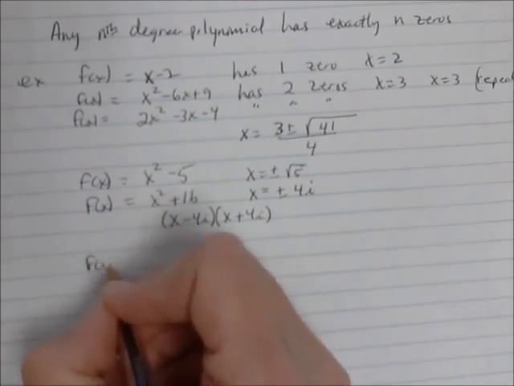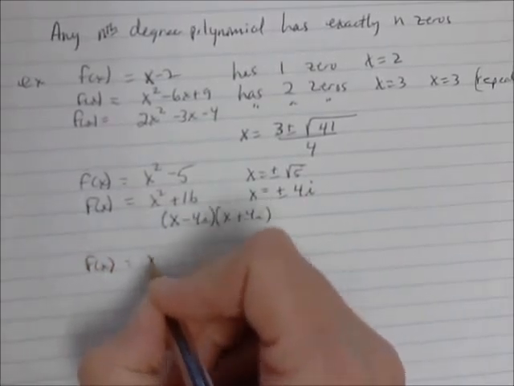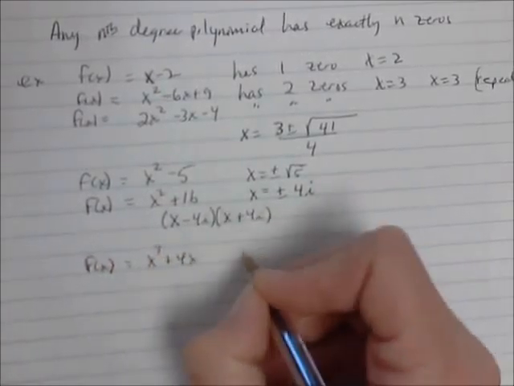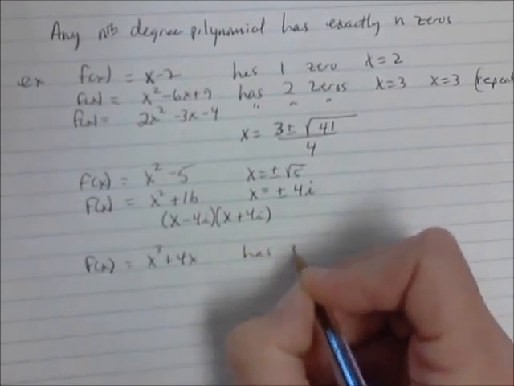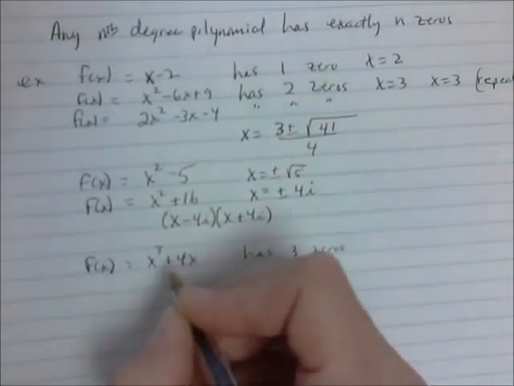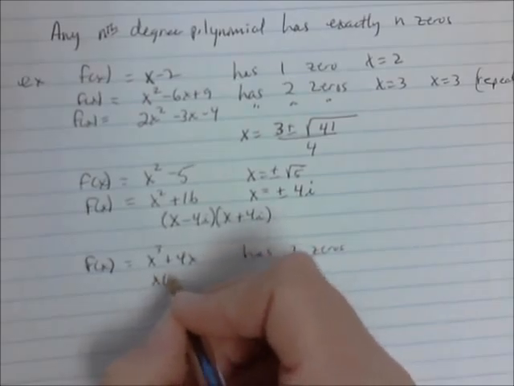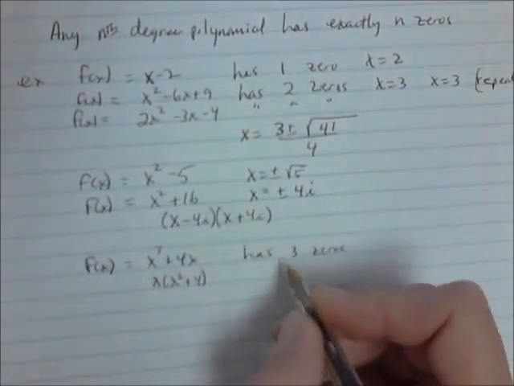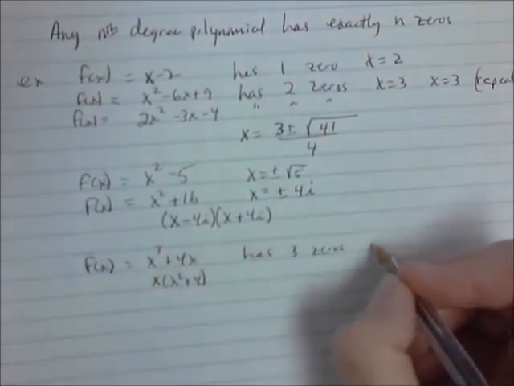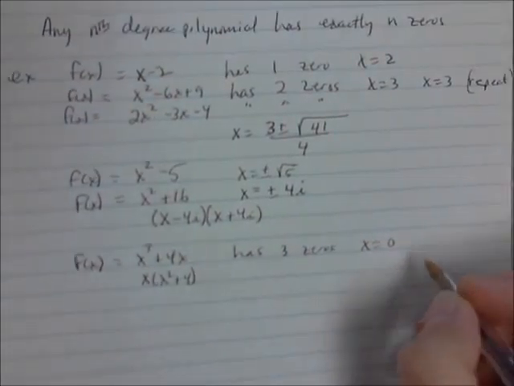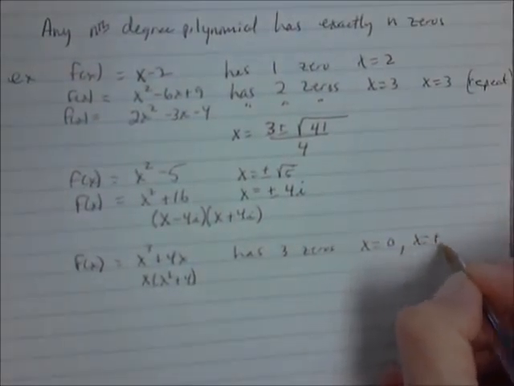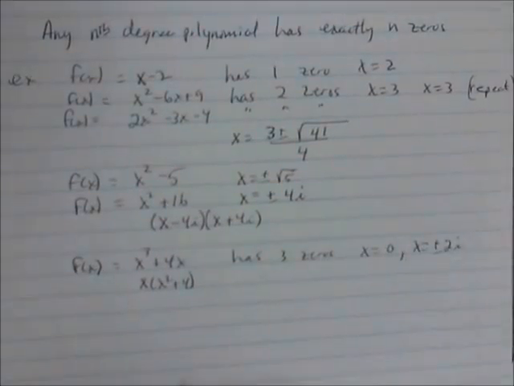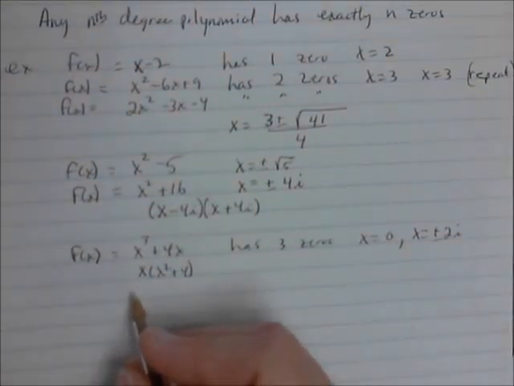If you have a cubic, like x cubed plus 4x, this has 3 zeros. This is factorable, x times x squared plus 4, and the 3 zeros are x equals 0, and x equals plus and minus 2i, so it has 1 real and 2 imaginary zeros.